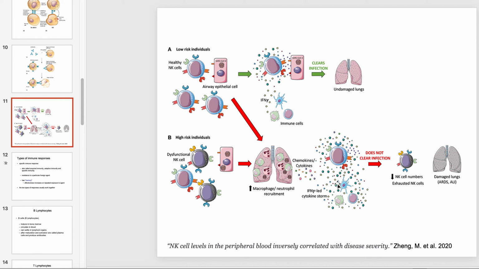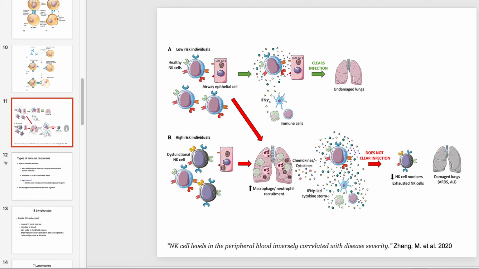That triggers a lot more cells to come to try to fight, and an overabundance of cytokines, chemokines, and so forth. And that's the basis of the cytokine storm. So not only are the viruses destroying cells, but your own immune response is destroying the cells as well. And as a result, you end up with the acute respiratory distress syndrome, or ARDS, that's typical of bad outcomes in COVID.